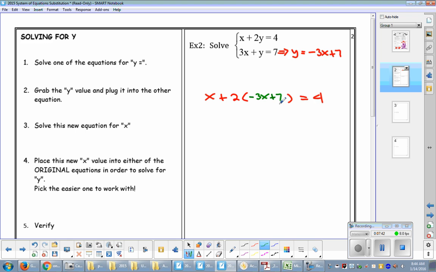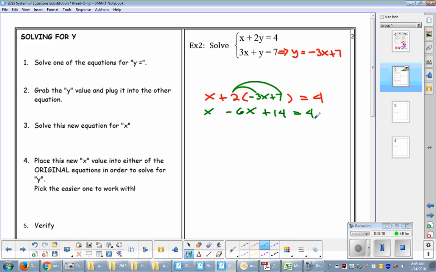After doing the second step, we are going to solve now, in this case, x. So when you simplify this, you're going to get an x value. So we will have x, distribute the 2, I'll get negative 6x. Then 2 times 7 will give us 14 equals 4.